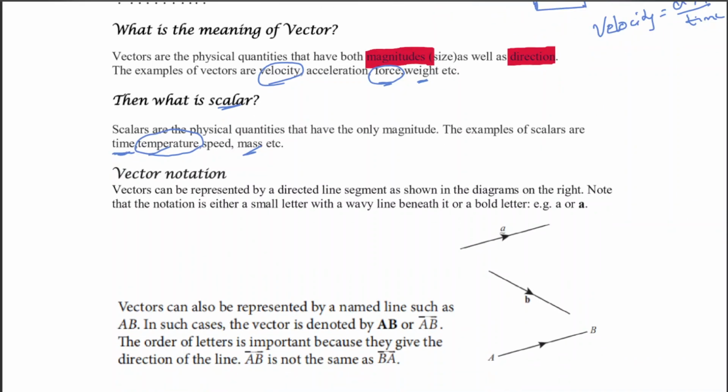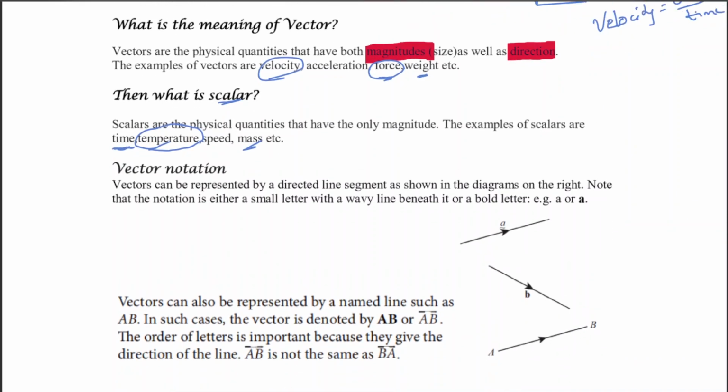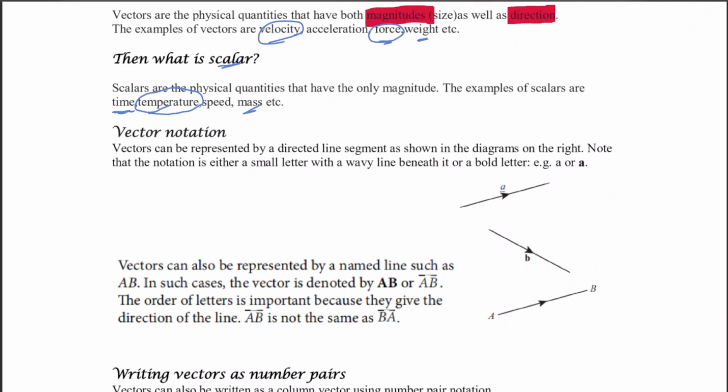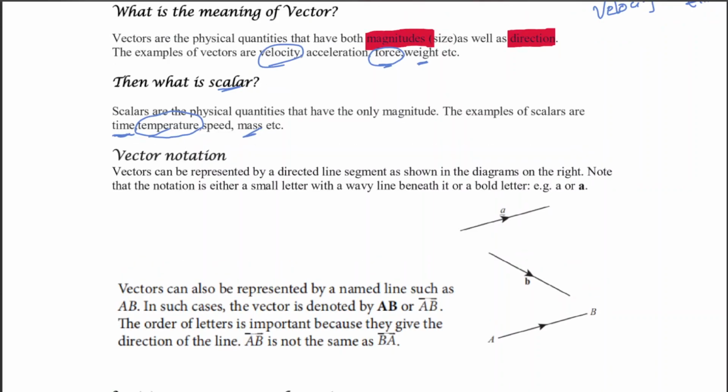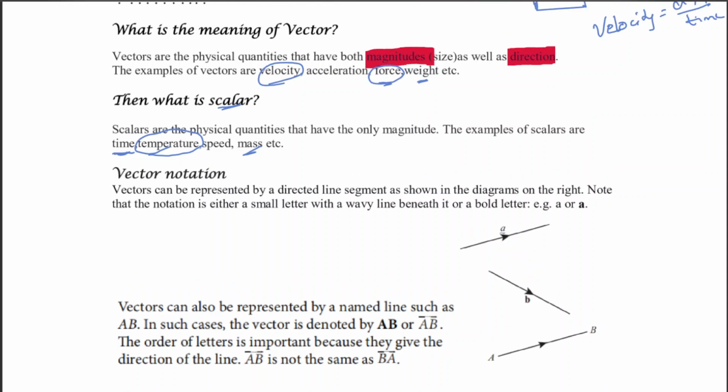But for the mathematics part of the definition, a vector is defined as any line segment that has a direction. So in mathematics, the vector is defined as any line segment that has direction.